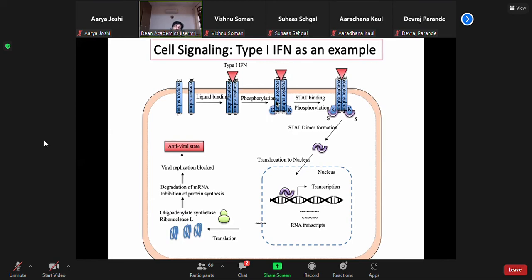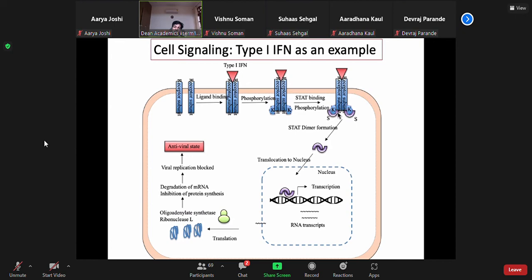Those amino acids are phosphorylated, and once they are phosphorylated, you create docking sites for other molecules. For example, these STATs, which are normally present in the cytosol, will come and get recruited here, right?